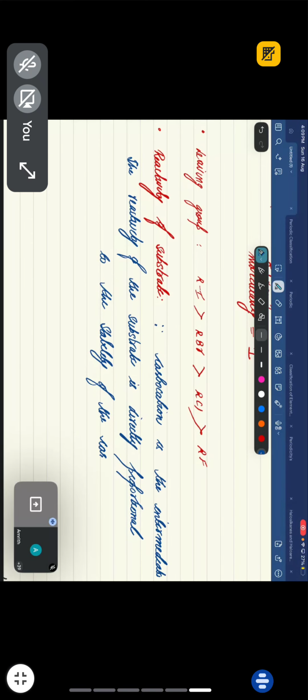So what I'm trying to tell you is, since an intermediate is involved here, higher the stability.